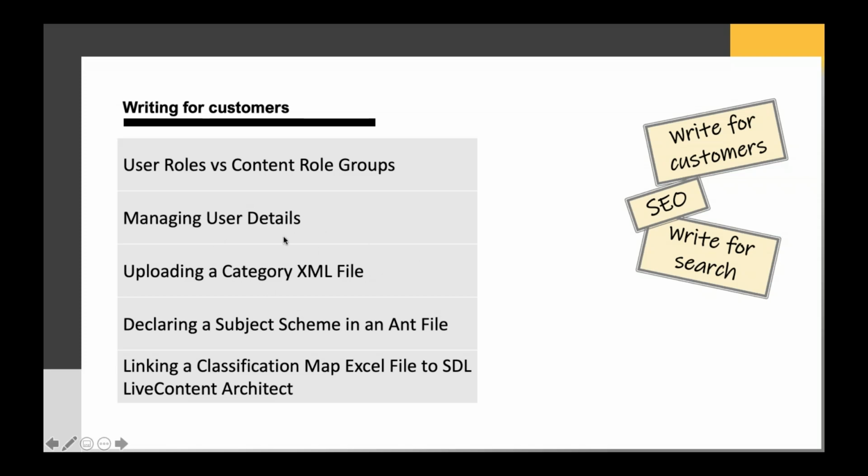Okay, and nor would they know what that means if they even saw it. So even seeing this title in a list of search results, I wouldn't even know if this is the appropriate one for me to click on, because it doesn't mean anything to me. Okay. Or another one, declaring a subject scheme in an ANT file, right?